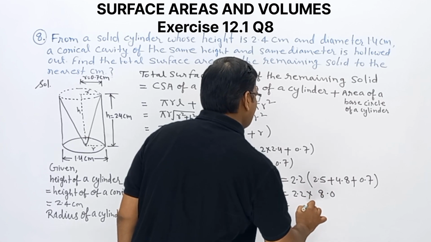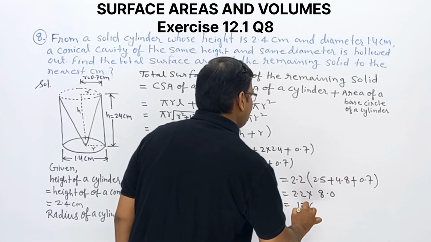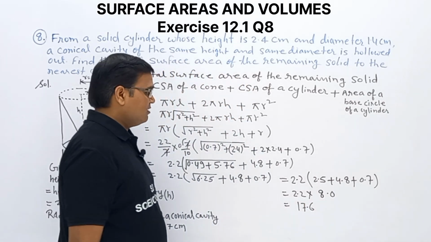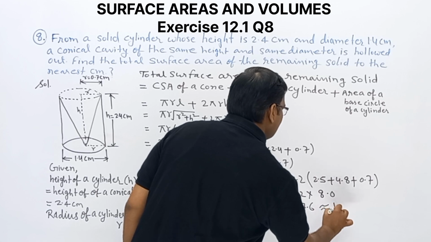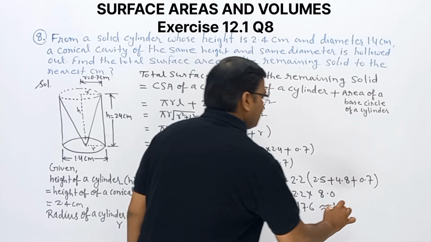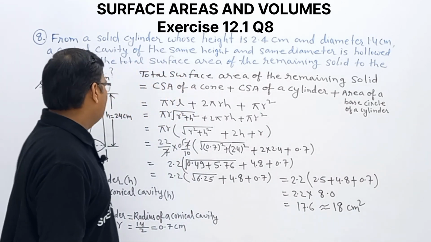Multiply 8 times 2 is 16, 1 is remaining, 17. So 17.6, and this is approximately equal to 18 centimeter square.